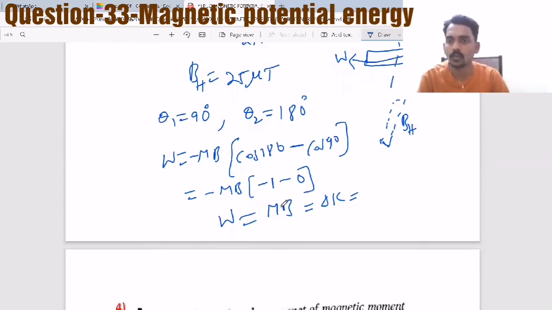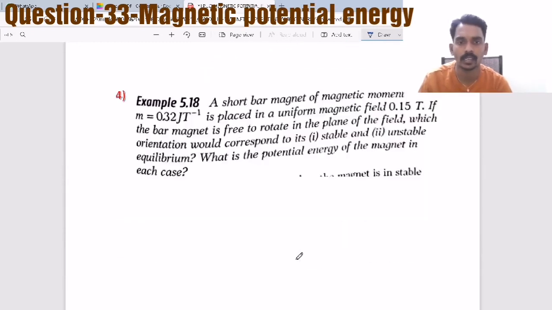So in the question, the magnet is getting rotated, falling down under the effect of Earth's horizontal magnetic field. The gain in kinetic energy is final minus initial, where the initial kinetic energy is 0 because it is released from rest. So the final kinetic energy equals MB. M value is given, B value is given. You can substitute and get the answer.